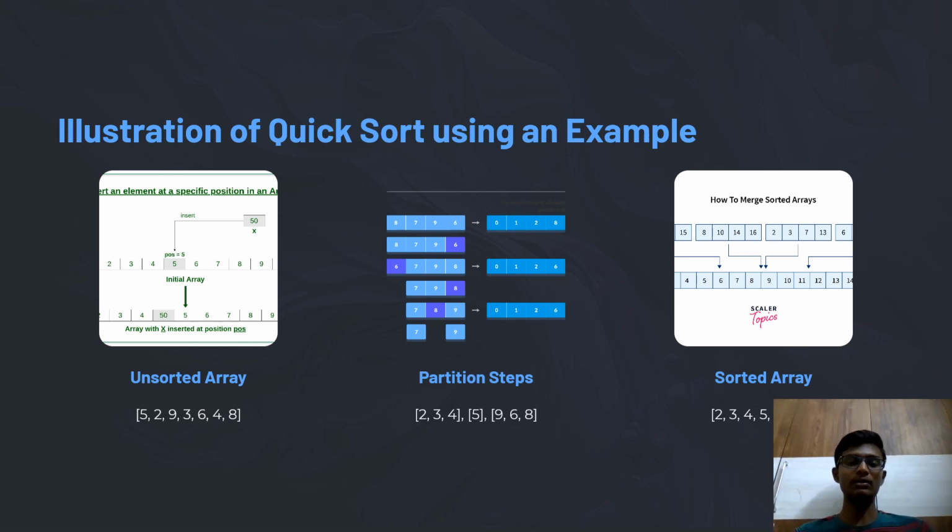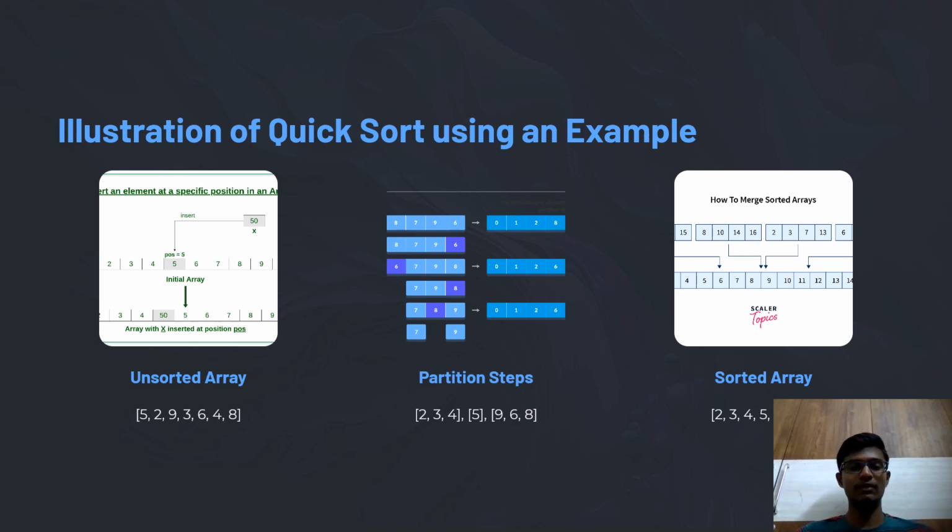We will do this process recursively, and over a period of time we will get a sorted array. For example, take the right subarray, present at the right hand side of the pivot element, that is 9, 6, and 8. If we take 9 as the pivot element in the next recursive call, we place it in the center and place the elements lower than 9, that is 6 and 8, on the left hand side, and there is no element to place on the right hand side.